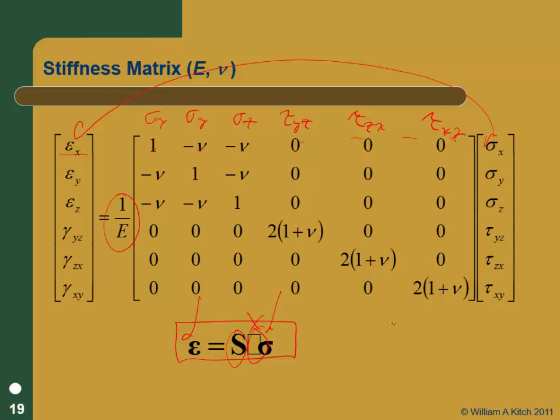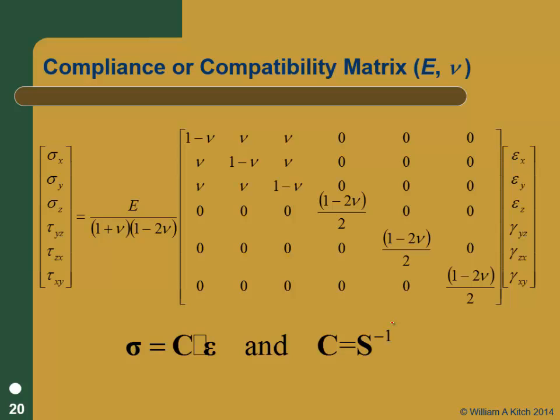Similarly, if we invert this matrix, I mean, lots of times you have the strains and you want to get the stresses. If you invert this matrix and you go in with strains, then that is called the compliance or the compatibility matrix, and it's just the inverse.